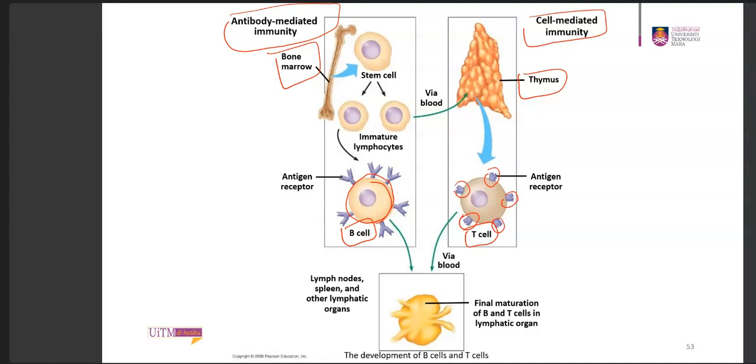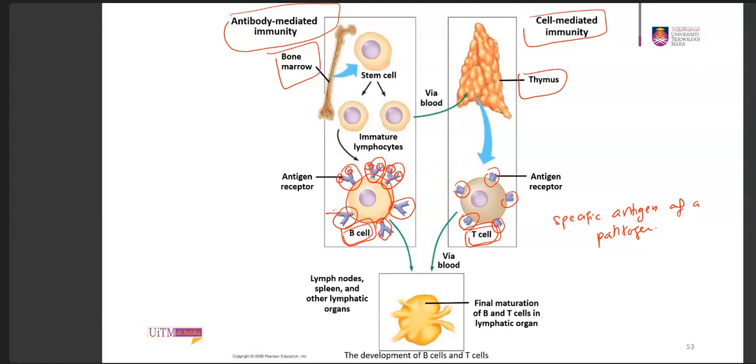So this receptor here will bind to specific antigen, of a pathogen. But for one specific B cell or one specific T cell, all the receptors will bind to the same antigen.